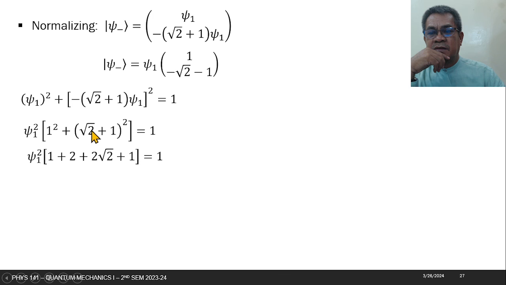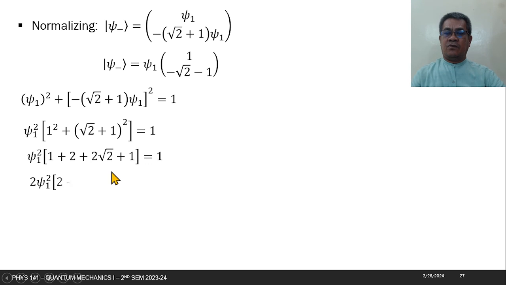So square the first, twice the first and second, square the last, and this is the result, the square of the binomial. So this becomes 2 and 2, 4, so 4, and this is 2 square root of 2. We can take the common factor of 2 here, then we have 2 square root of 2.